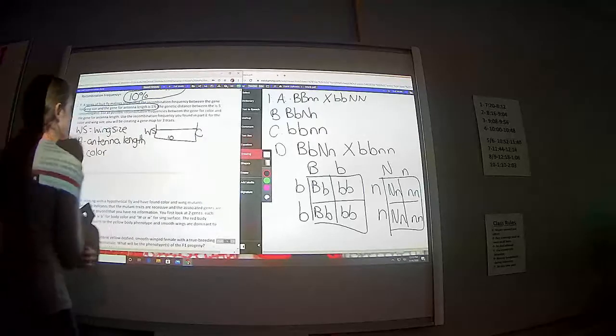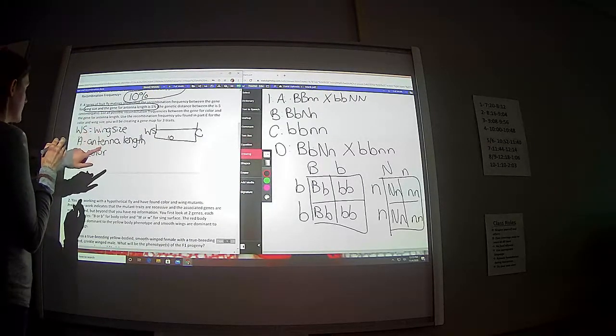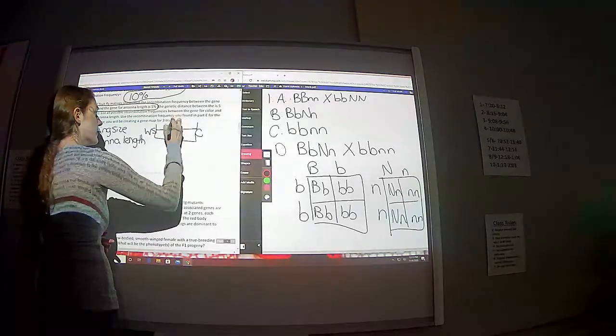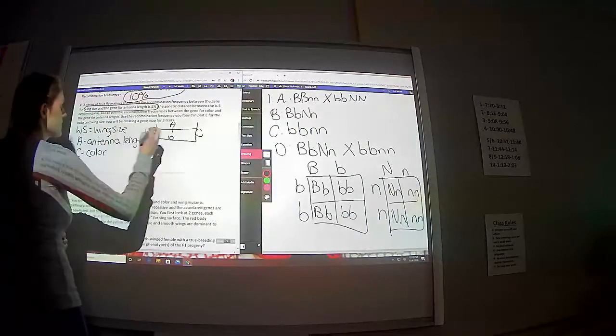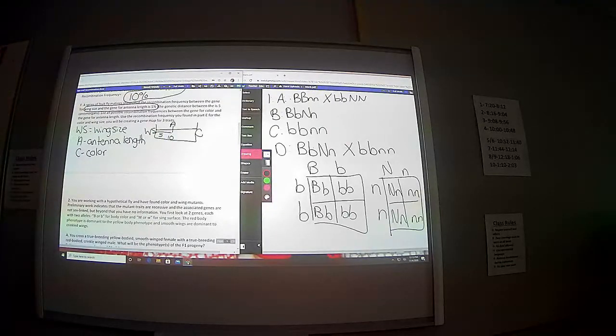And then we know that antenna length is going to be at a 5. So I'll put the A right here, and wing size to antenna is going to be 5. So I would have a 5% difference between both of them.